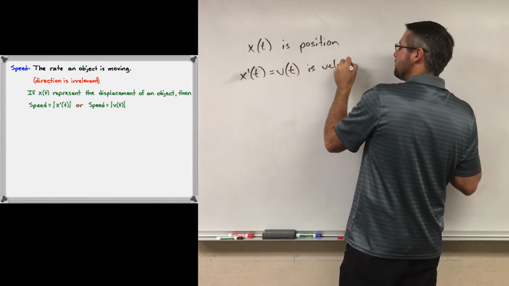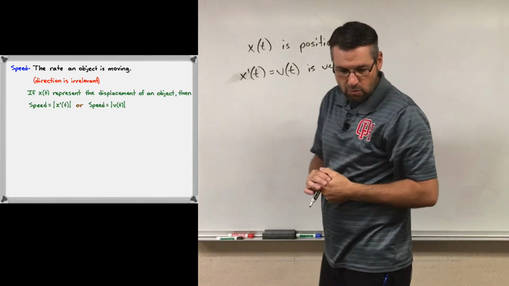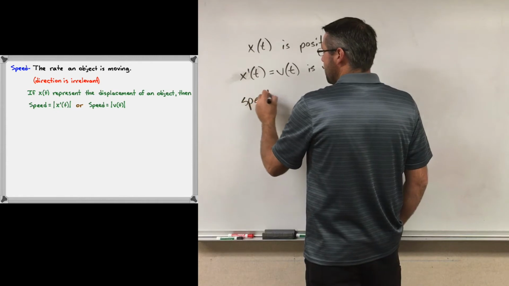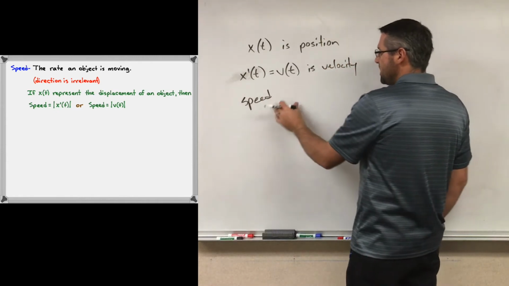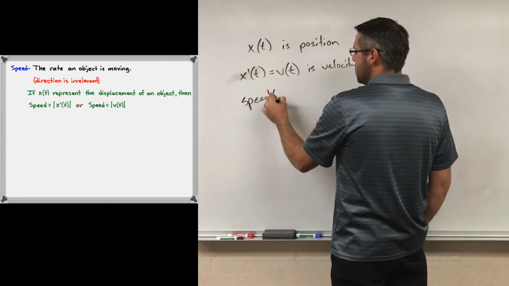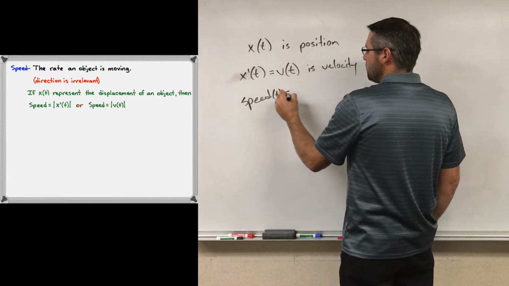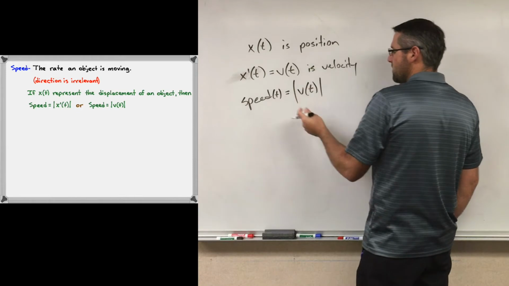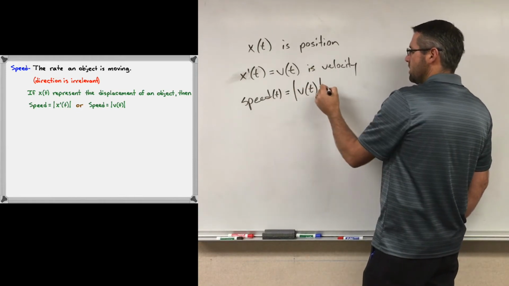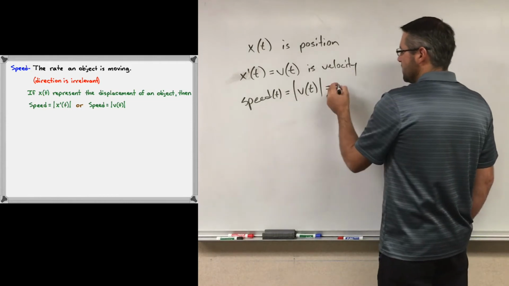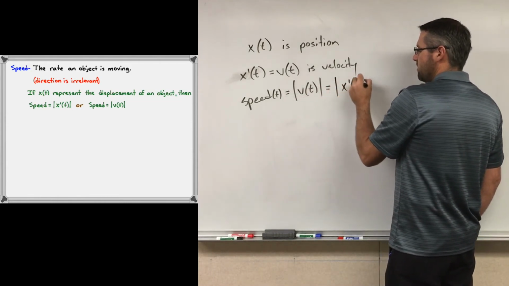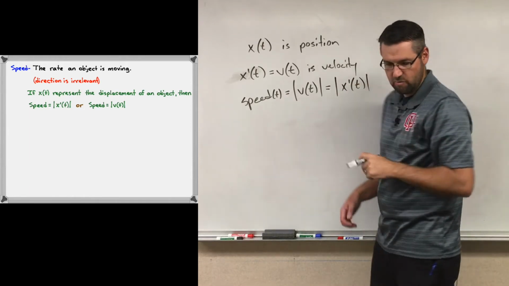Okay, that's fine. Then how do we express speed? Well, we don't really have a function name for it. Speed, in respect to time, is equal to the absolute value of velocity. They're the same thing, it's just that speed is absent of a sign. And then we could say, if that's the case, then it's also the absolute value of the derivative of position.